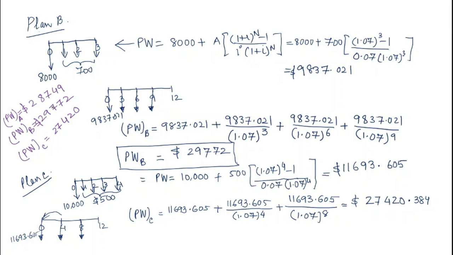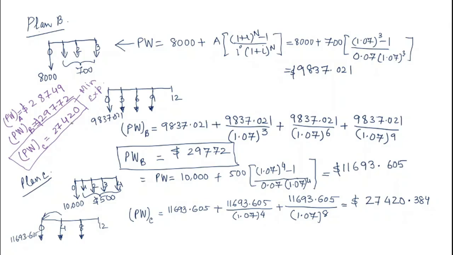If one has to select which plan one should opt for, then obviously these are the expenditures, so the one with the minimum expenditure should be opted. If we see here, the minimum expenditure is when one opts for plan C, because in this plan there is the minimum expenditure. So this is the plan which one should select.